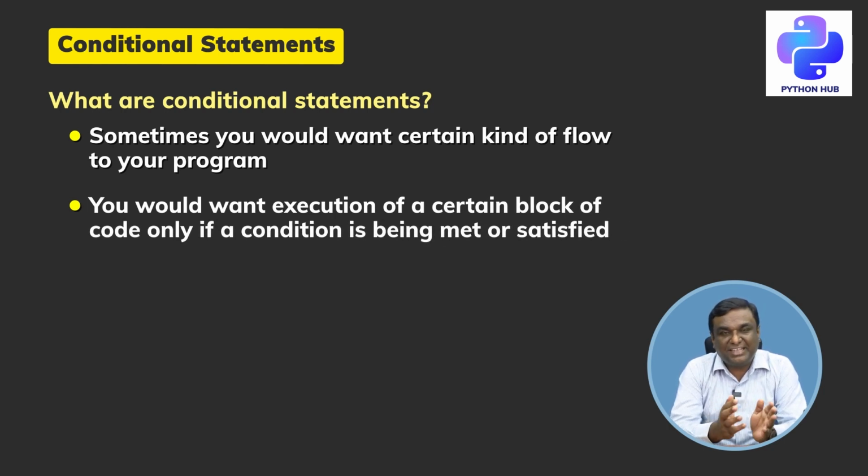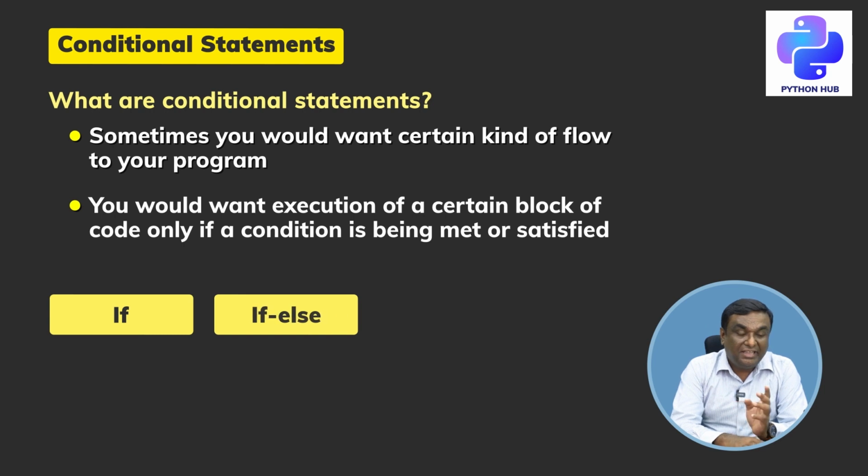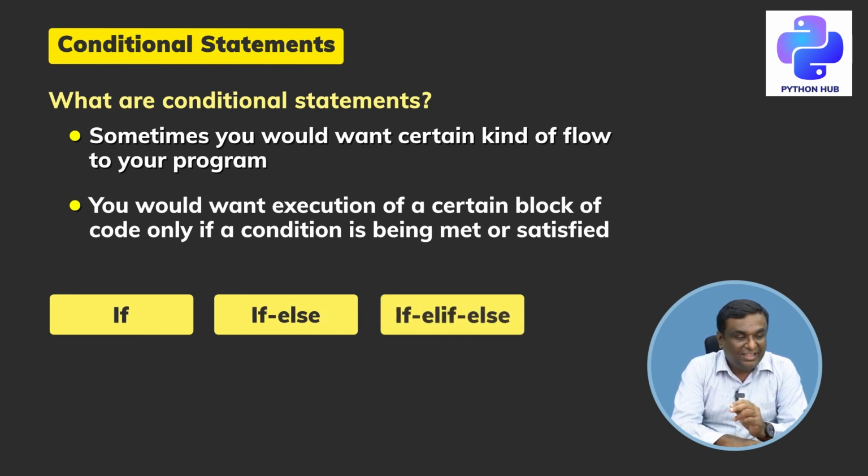As the name indicates, that's why it's called conditional statements. If, if-else, and if-elif-else are some of the basic foundational statements that are available as part of the conditional statements. In this particular topic, we will understand all these three types of conditional statements.